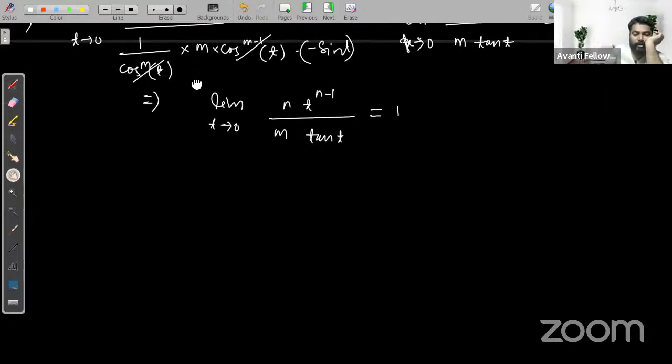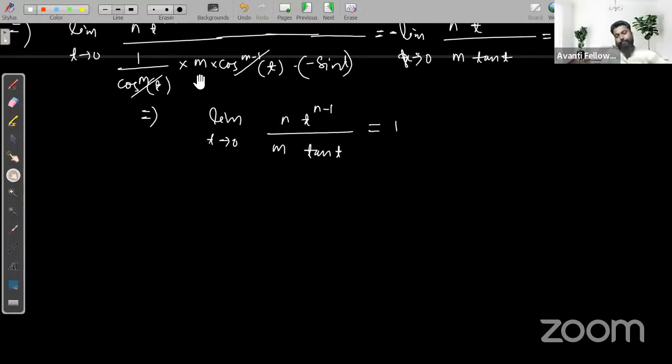Right? Now see, if we divide this by t, then this will be n minus 2. So n into t to the power n minus 2 is equal to 1.